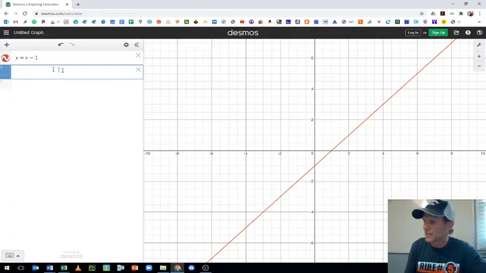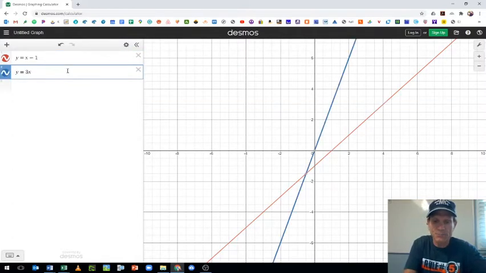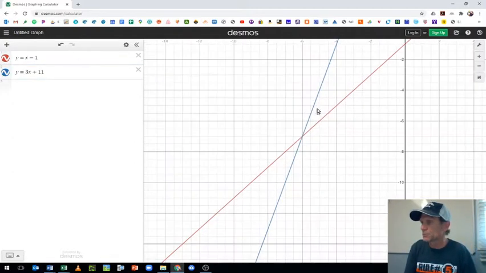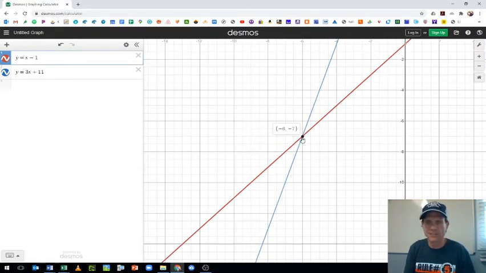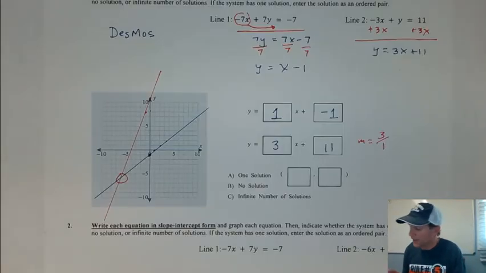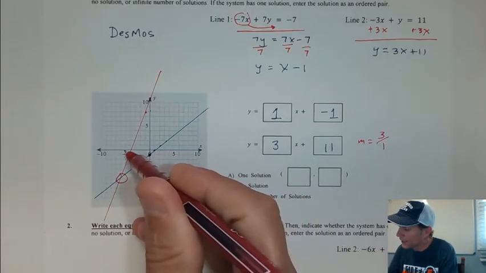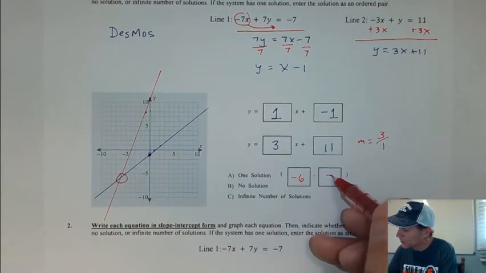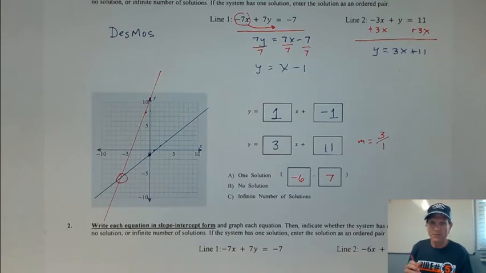And then the second equation was y equals 3x plus 11. We see the intersection. Remember with Desmos, we can drag this and we can see the intersection is at negative 6, negative 7. So if we count over negative 6, negative 7, that's the solution to that system of equations.